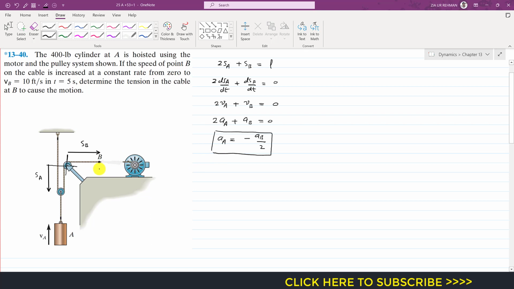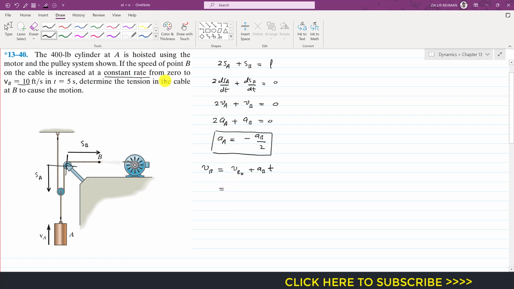Again, we can find the acceleration of point B. Since we are given that the speed of point B on the cable is increased at a constant rate from 0 to VB, we can use the kinematics equation VB equals VB naught plus AB times t.